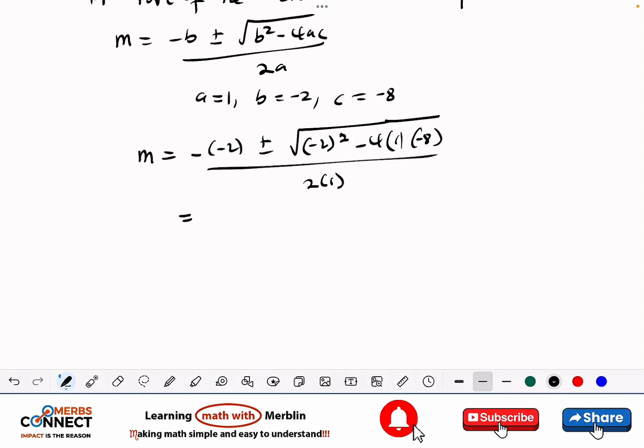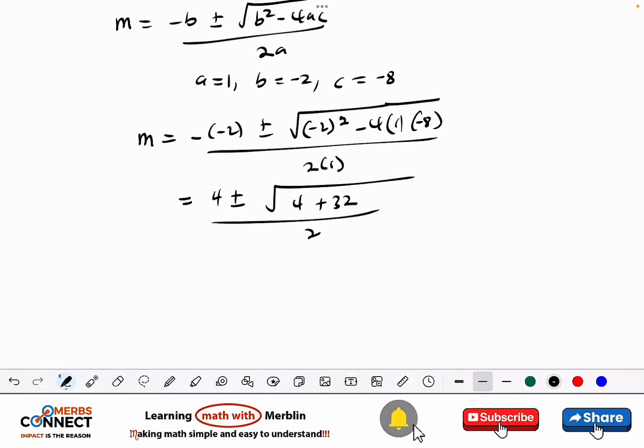So this is going to give us 2 plus or minus the square root of 4 plus 4 times 8, which is 32, divided by 2. So this is going to give us 2 plus or minus the square root of 36 divided by 2. The square root of 36 is 6.